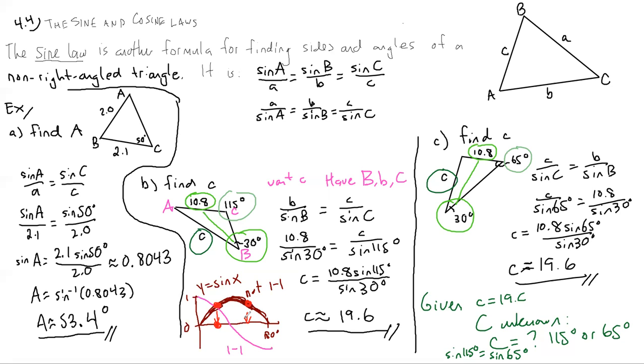What it does mean is that you have to be really careful when using the sine law. So for this first example here, A, I didn't even ask you to think about that. And that's because the inverse sine is going to take you between 0 and 90 degrees.